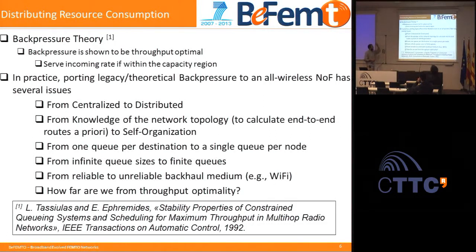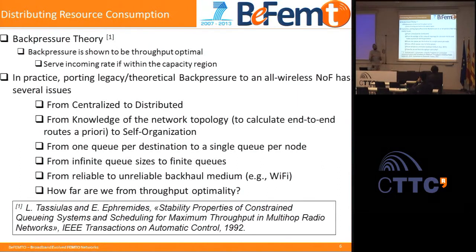Theory says that back pressure is throughput optimal if the flows have rates that are inside what they call the capacity region, which you can see as the set of flows and rates that can be served by a given network. Theory says that back pressure uses the resources best, and if you put flows that are inside this capacity region, these flows will be appropriately served and go out of the network.